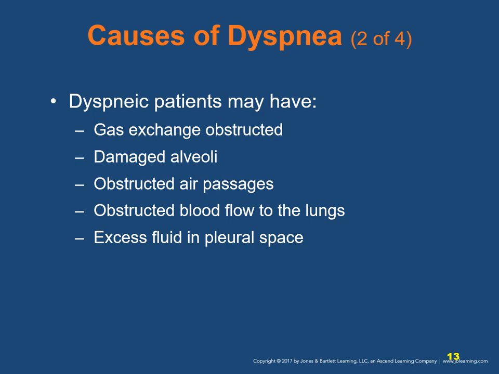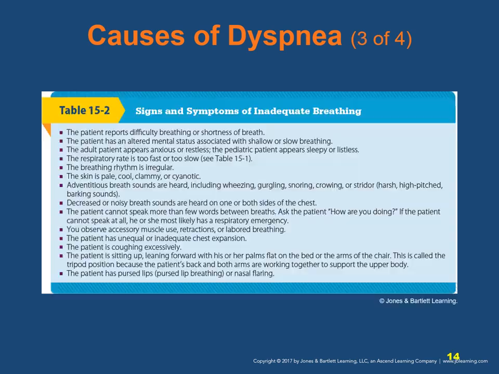The air passages are obstructed by muscle spasm, mucus, or weakened floppy airway walls. Blood flow to the lungs is obstructed by blood clots. The pleural space is filled with air or excess fluid, so the lungs cannot properly expand. This table shows signs and symptoms of inadequate breathing.